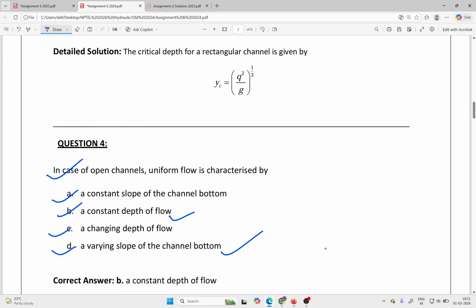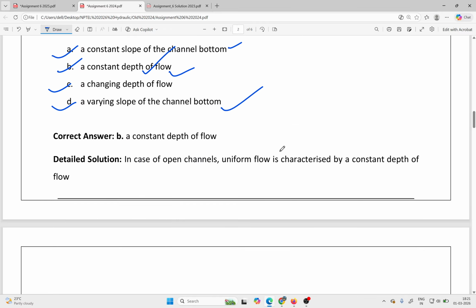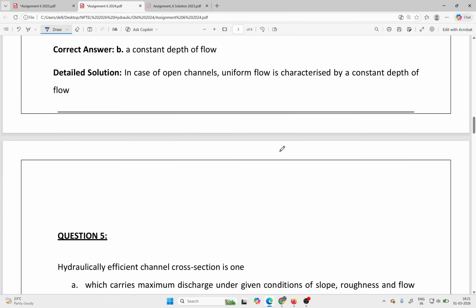Flow depth is your flow characteristic. Slope of the channel bottom, these are your channel characteristics. Remember please. So option B is correct here for question number 4. Let me go to question number 5.